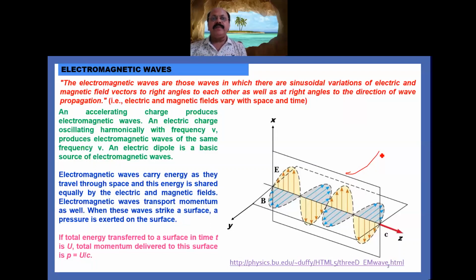With the help of this animation, you can understand the concept of the production of electromagnetic waves, and also the concept of sinusoidal variation of electric and magnetic field vectors which are perpendicular to each other as well as perpendicular to the direction of wave propagation.